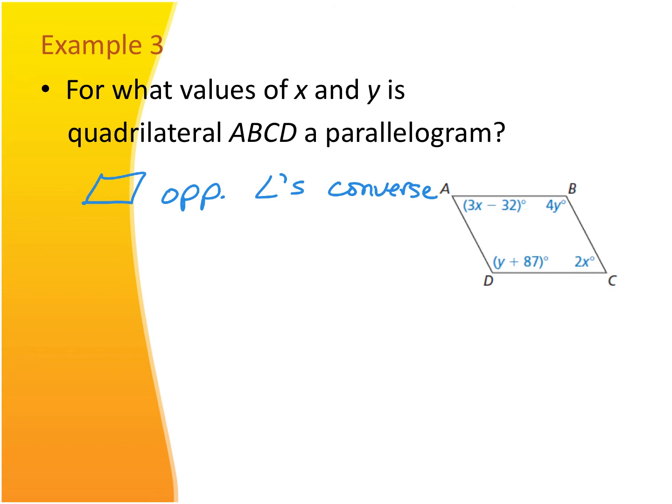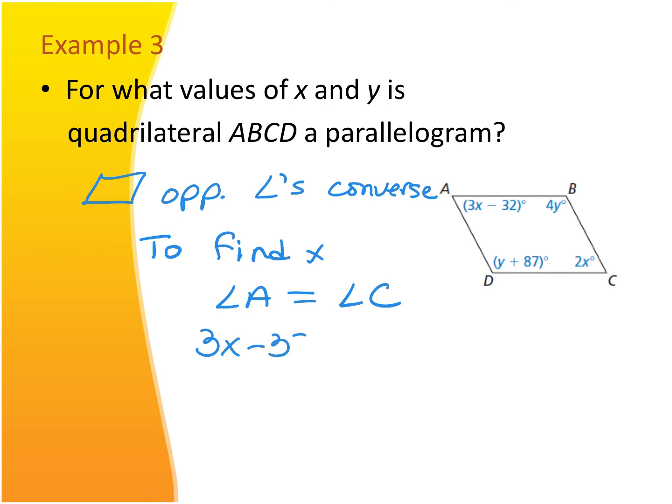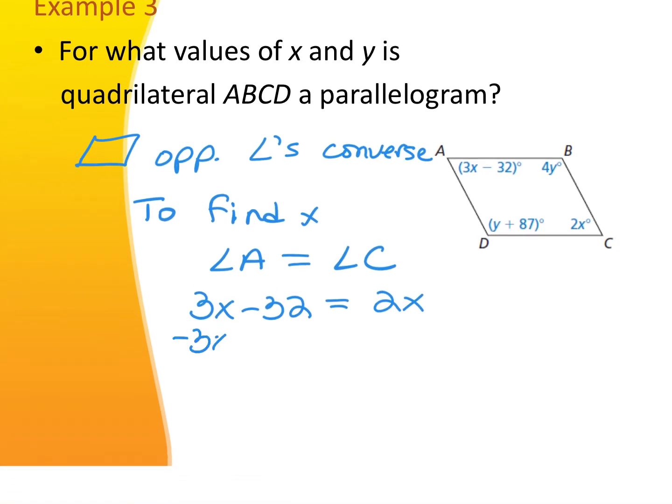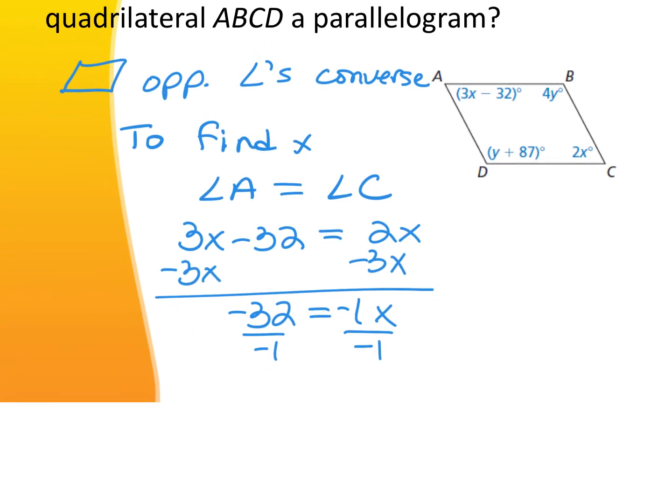So I'm going to find x by setting angle A equal to angle C. Angle A is 3x minus 32, and angle C is 2x. I'm going to move my x's together by subtracting 3x. Negative 32 equals negative 1x. Can't have a negative variable. Divide by negative 1, and x equals 32.